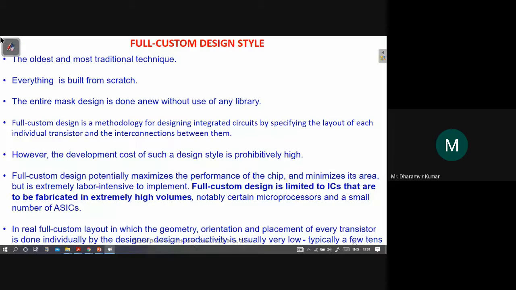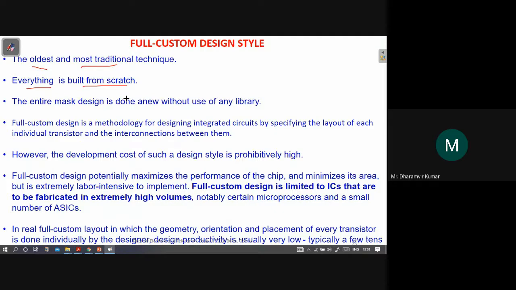So let's start with this. Obviously, this is the oldest and most traditional technique. What is important here is that everything is built from scratch, including the library. Ultimately, the circuit will consist of some components. Where are these components coming from?